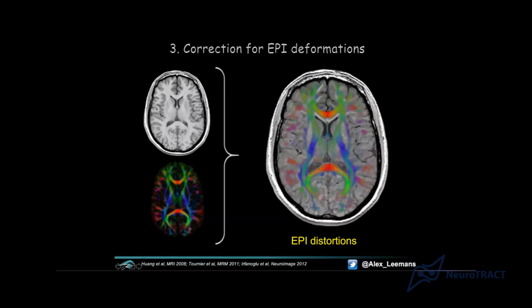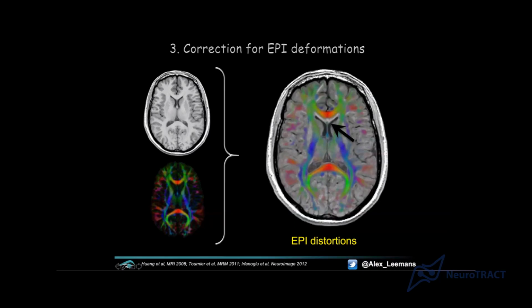I'm showcasing this by this slide where I'm showing a T1 weighted image and the diffusion data. If I were to overlay the two data sets on top of each other, and let me just show this by focusing on the, in this case, genu of the corpus callosum, these data were realigned rigidly, meaning I'm just rotating and translating the diffusion data to match the T1 data.